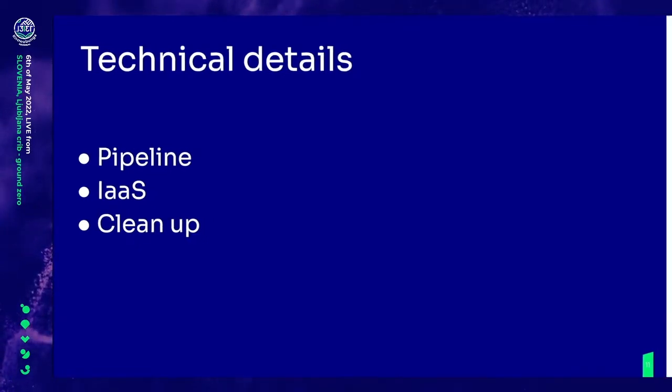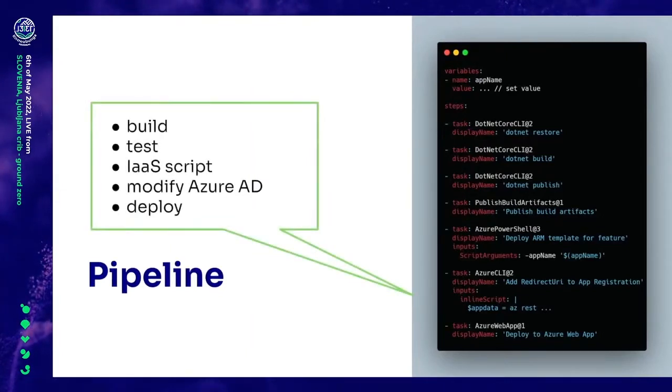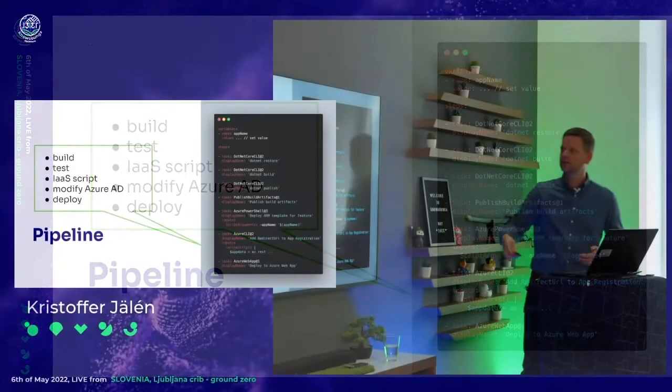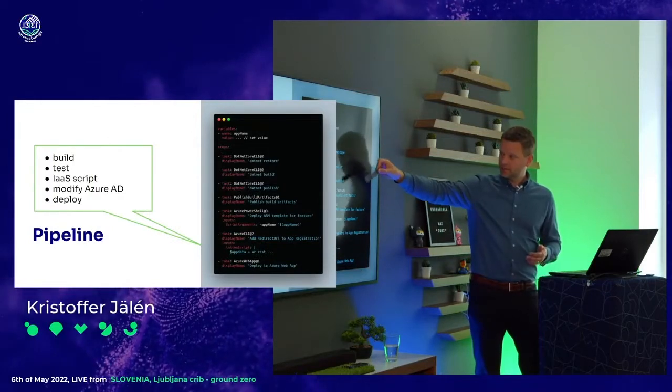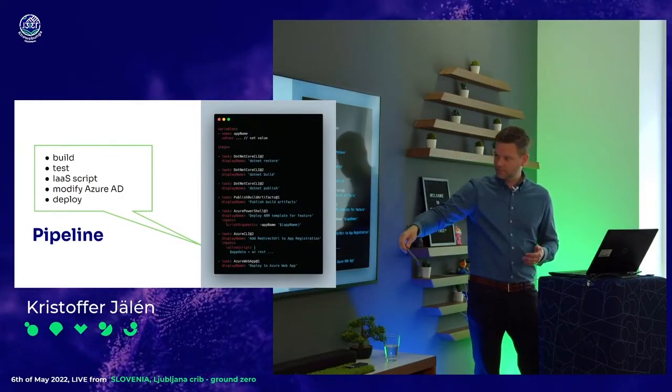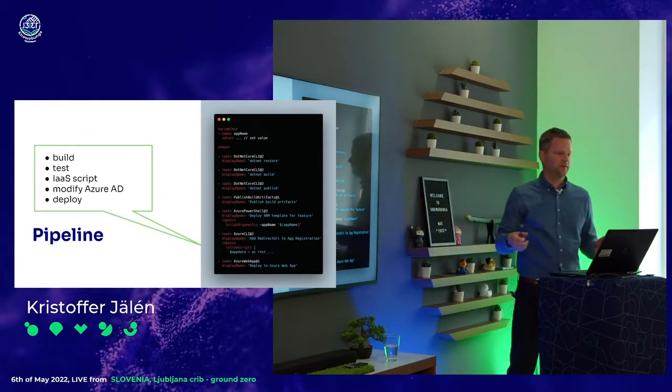Some technical details I am not going to dive into, but I will just give an overview of the solution that we created. Of course, we have a pipeline, which is nothing more sophisticated than something that builds, tests, publishes and deploys. Of course, those are the three fundamental steps.